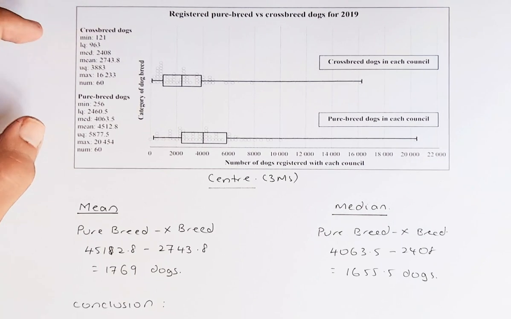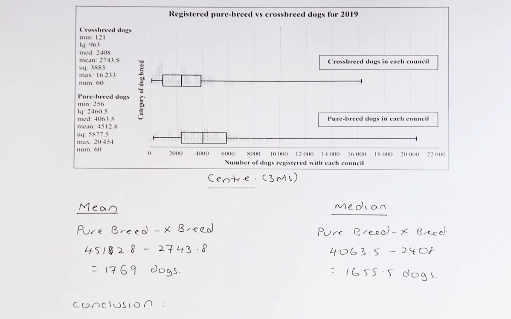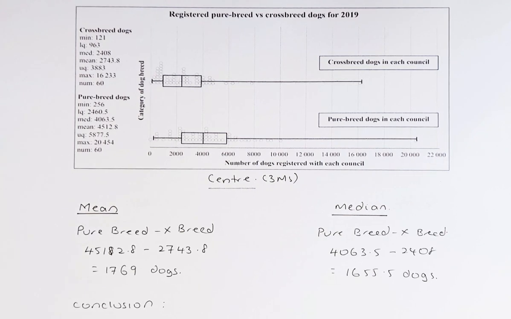So the purebred minus the crossbreed: the mean for purebred is 4,512.8, while the mean for the crossbreed is 2,743.8. So the difference in mean is that the purebred is bigger by 1,769 dogs.